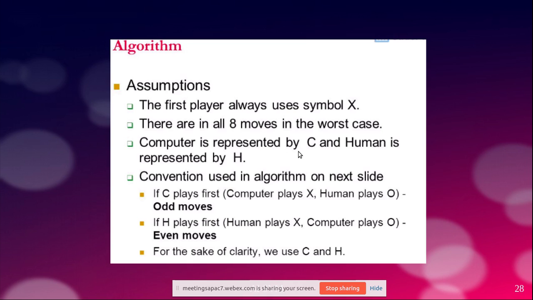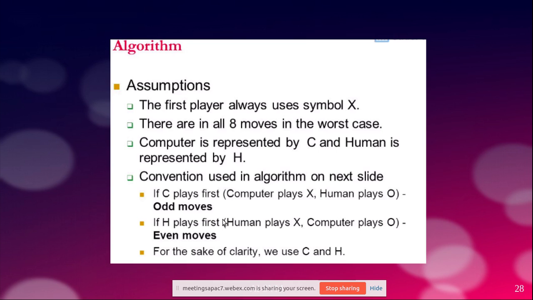So instead of saying first player, second player, X and O, we'll start representing C for computer and H for human, because we are trying to make a board game played by a human with the computer. If C plays first, then C is going to place X, human is going to place O, so the computer makes all odd moves 1, 3, 5, 7, 9.